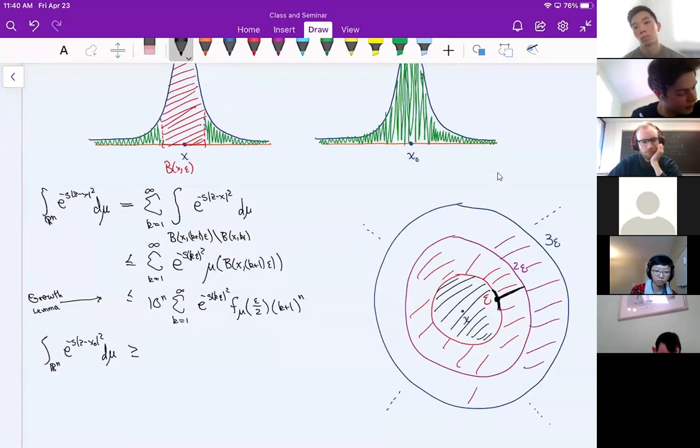So this will be greater than or equal to the integral over B(x, epsilon over 2).